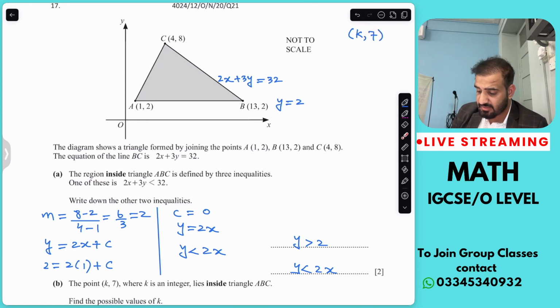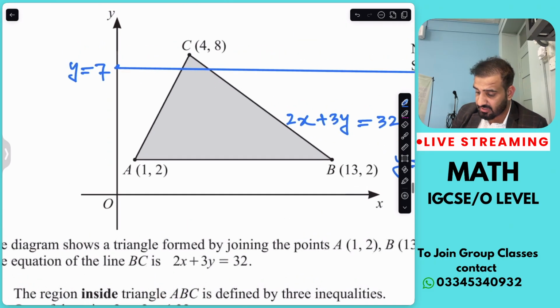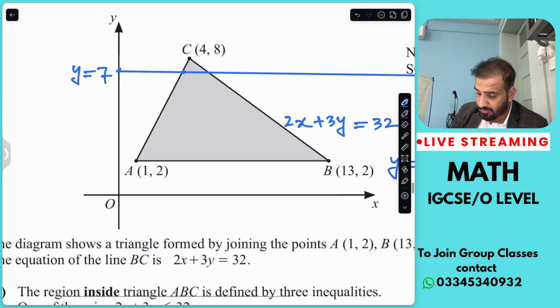It means y is equal to 7. So let's draw a horizontal line. The point lies somewhere on this line.